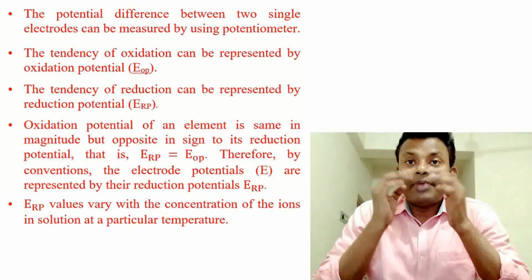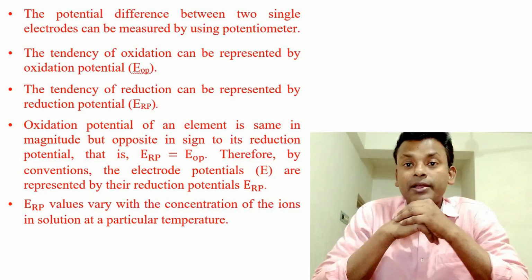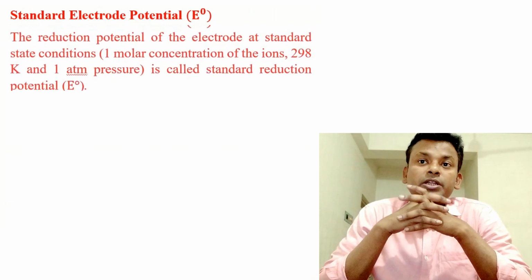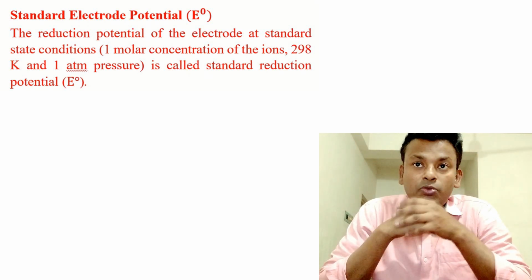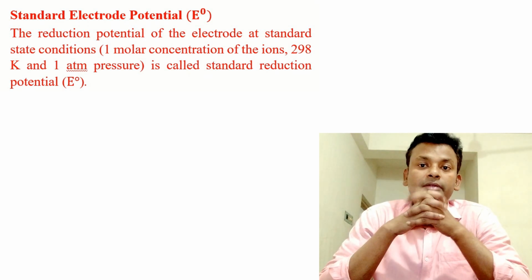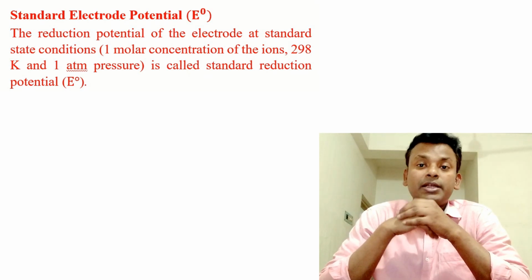ERP values vary with the concentration of the ions in the solution at a particular temperature. Standard electrode potential, that is E0, is the reduction potential of the electrode at standard state conditions, that is 1 molar concentration of the ion, 298 Kelvin and 1 atm pressure. It is called the standard reduction potential, that is E0.